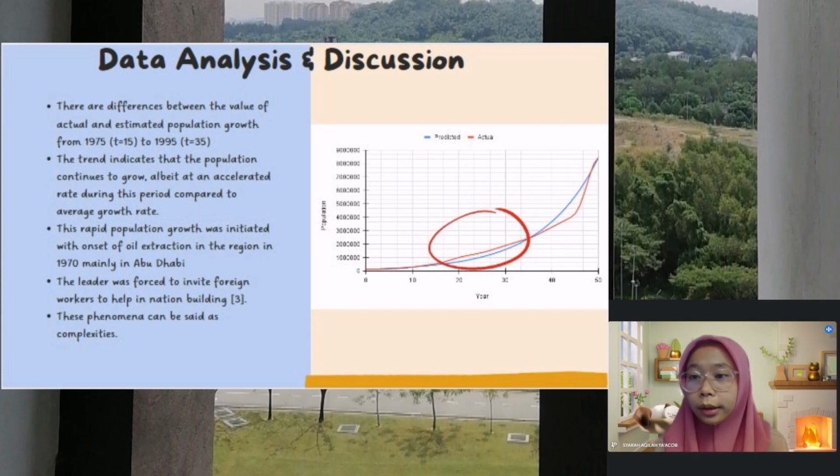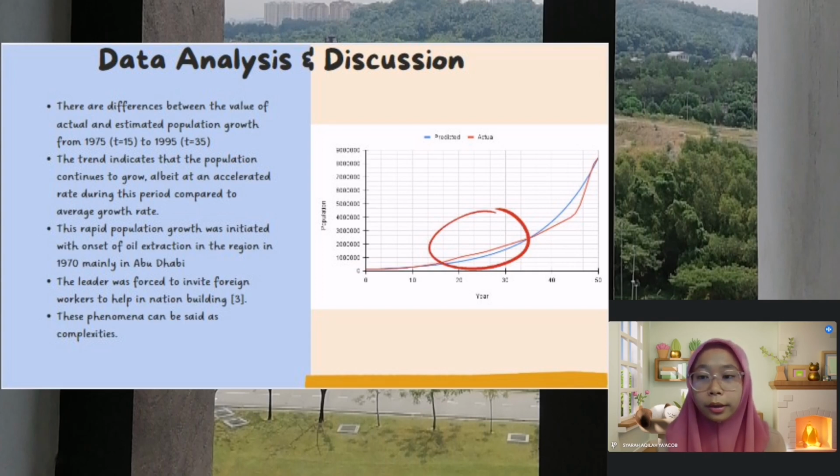The trend indicates that the population continues to grow, but the actual one exhibits an accelerated rate during this period compared to the average growth rate. This rapid population growth can be explained by the onset of oil extraction in the region in 1970, mainly in Abu Dhabi.